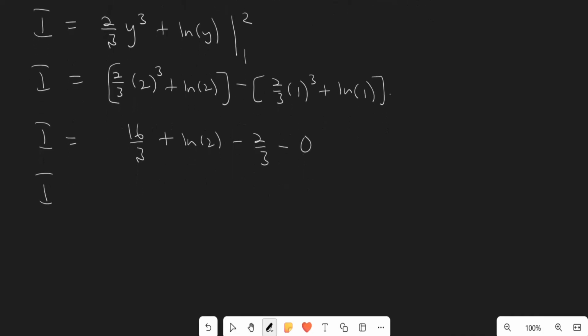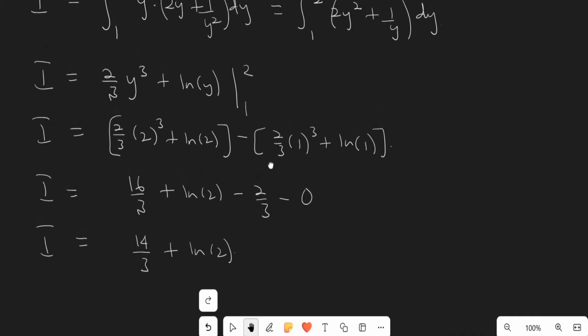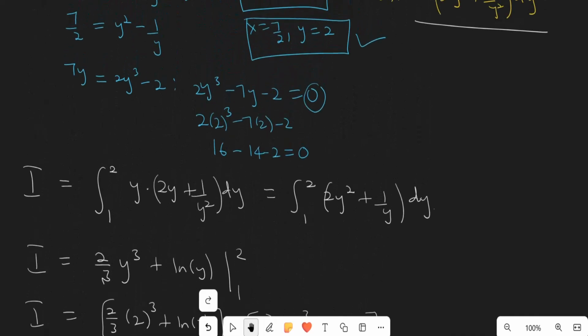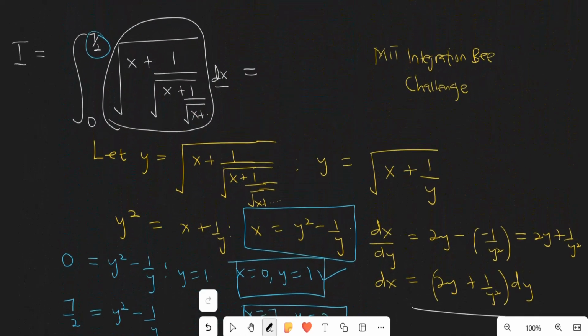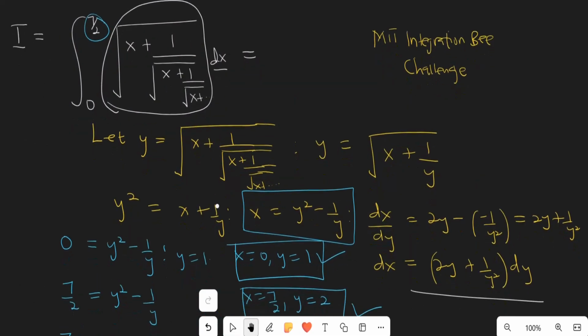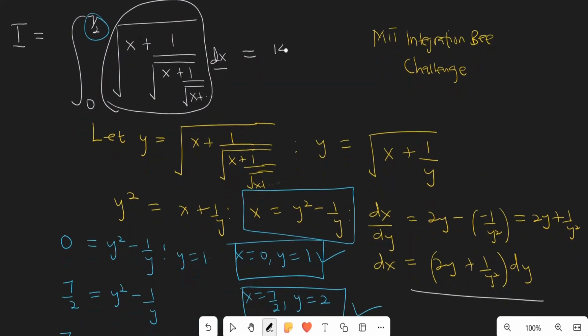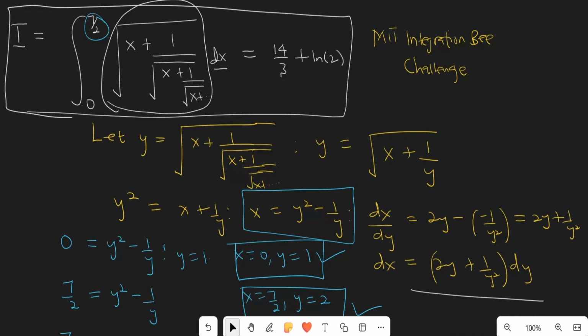So this simplifies to 14 over 3 plus ln of 2, because 16 over 3 and minus 2 over 3 will sum to 14 over 3. So 14 over 3 plus ln of 2. That is the answer to this integral. So if we integrate this MIT integration B challenge question, that is going to lead to 14 over 3 plus ln of 2. This one, ladies and gentlemen, is the answer to this beautiful integral.